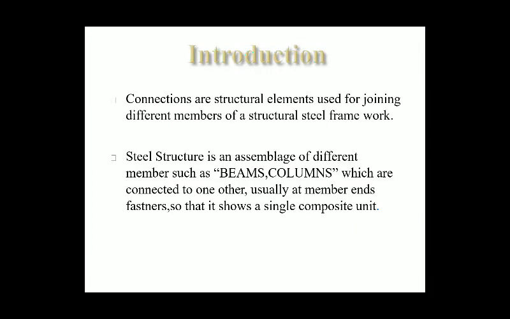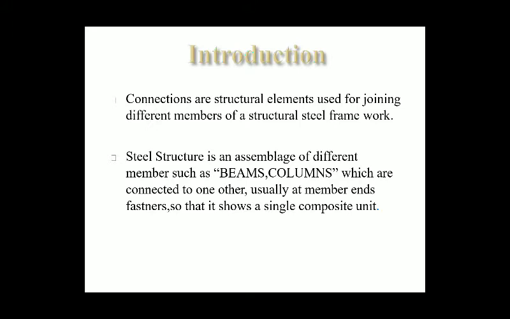All of you know steel structure is nothing but the assembly of different types of members, that is beams and columns, and these beams and columns are formed from different types of sections. In the first chapter you have studied different types of sections, that is I section, channel section, T section, all that.